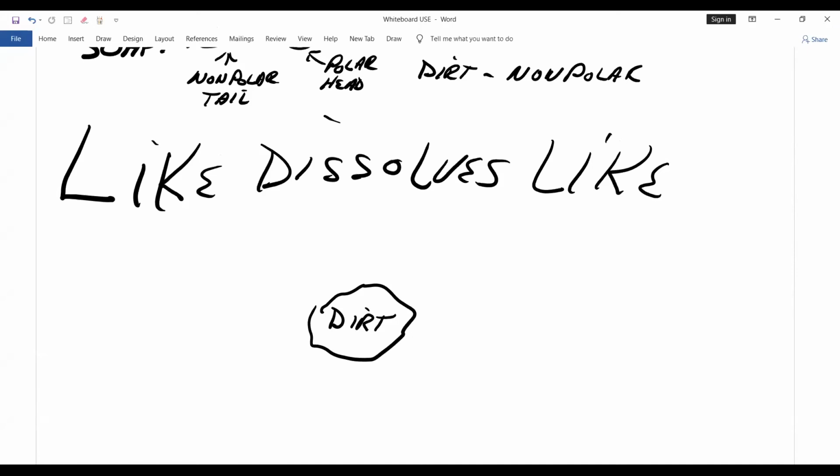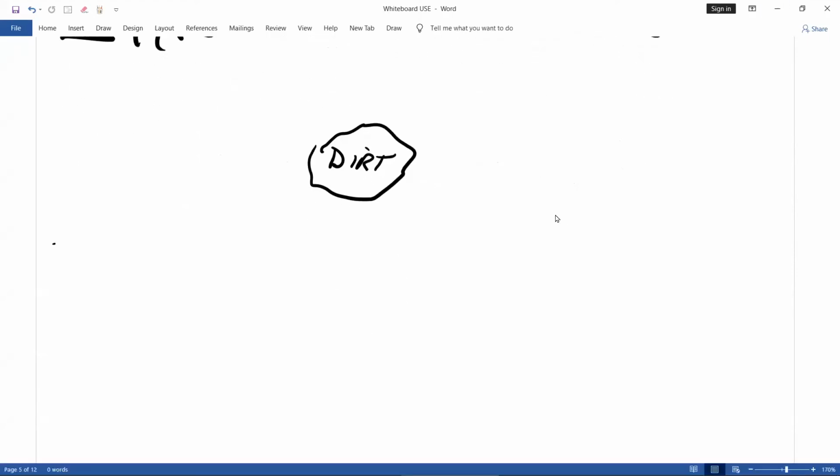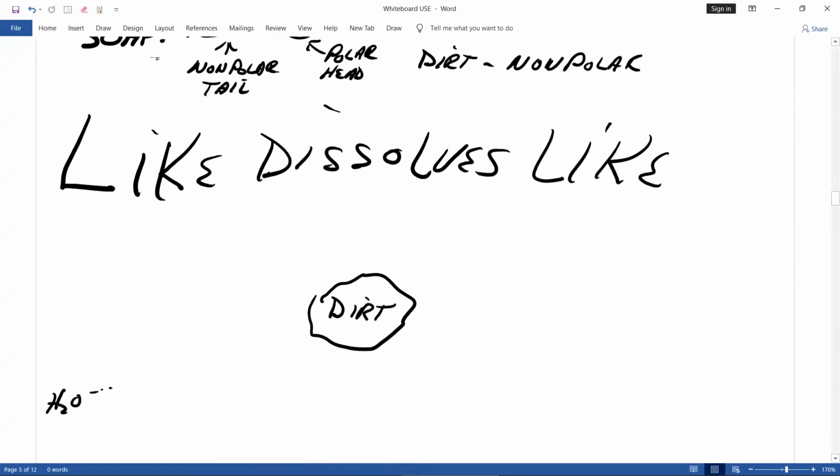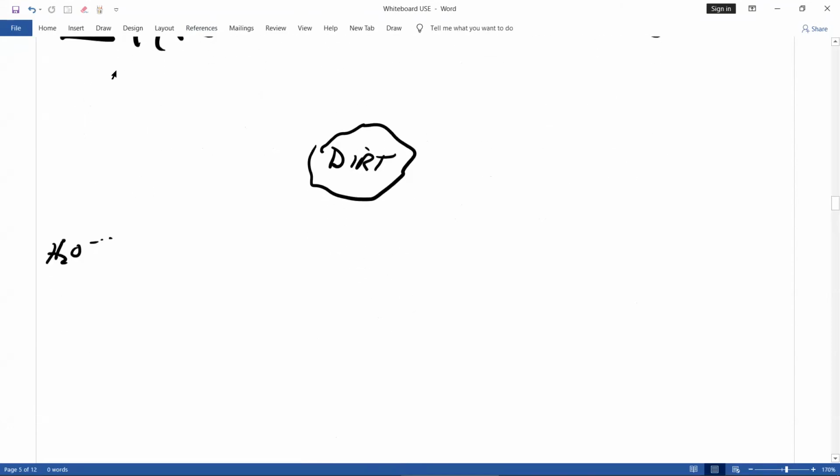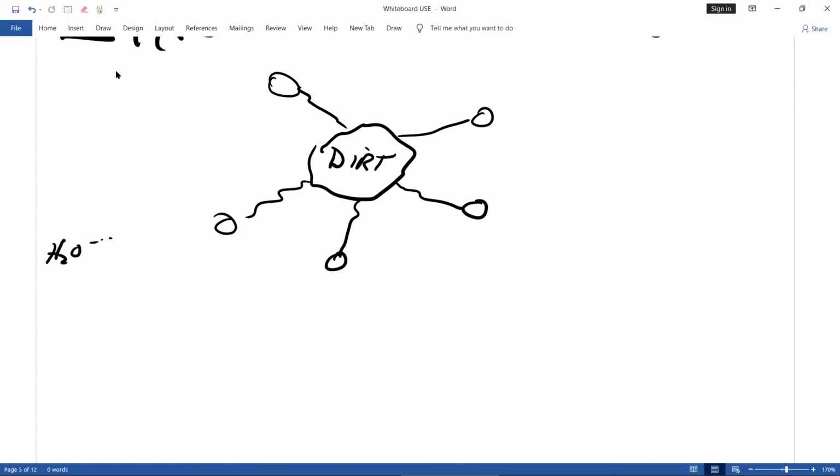Now, if you use water, water looks at this and says, dirt, you're nonpolar, I'm polar. I know like dissolves like. I want no part of you. Stay on your hand. But if you use soap and water, the nonpolar tails of the soap are attracted to the dirt, but the polar heads want to be as far away. And this totally surrounds the dirt.